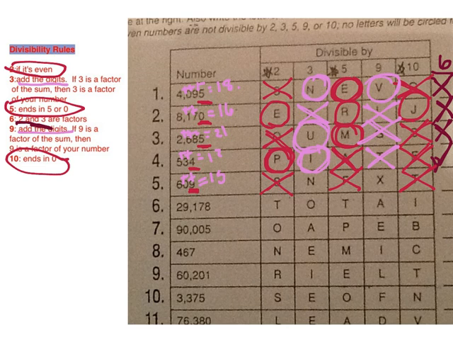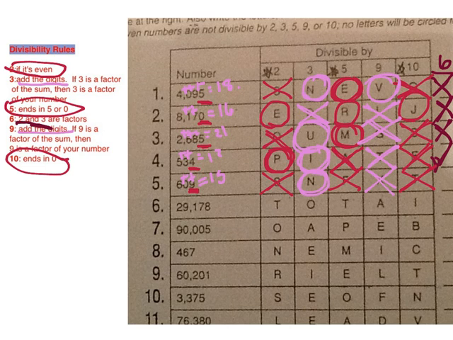Is 3 a factor of 15? Well, 3, 6, 9, 12, 15. Yes, it is. So therefore, 609 is divisible by 3 because 15 is divisible by 3. What about 9? Does 9 go into 15 evenly? 9, 18. No, it does not. So 9 is not a factor of 609.